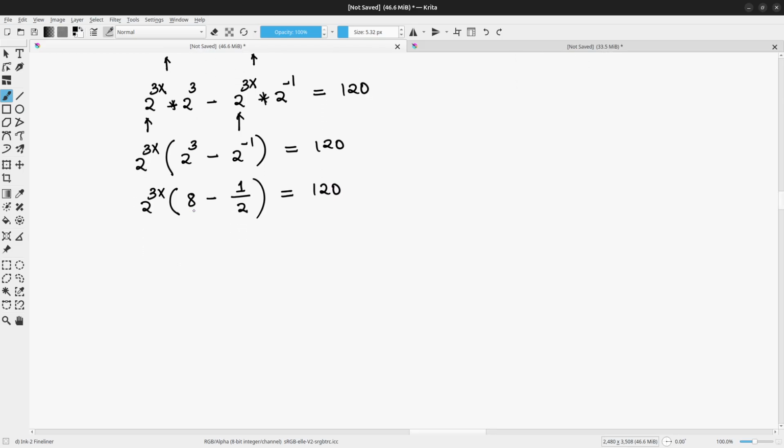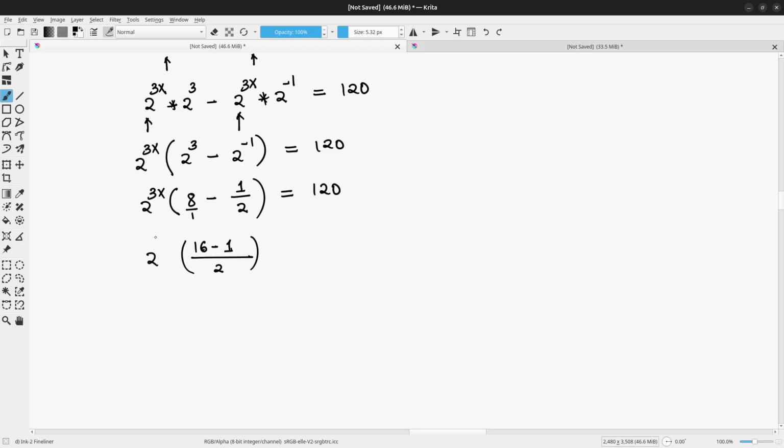So now, this is the same as 8 over 1, right? So the LCM of 1 and 2, that's going to be 2. 2 divided by 1, 2, then times 8, that's going to be 16, minus 2 divided by 2, that's going to be 1, then times 1, that's going to be 1. So that's the inner expression.